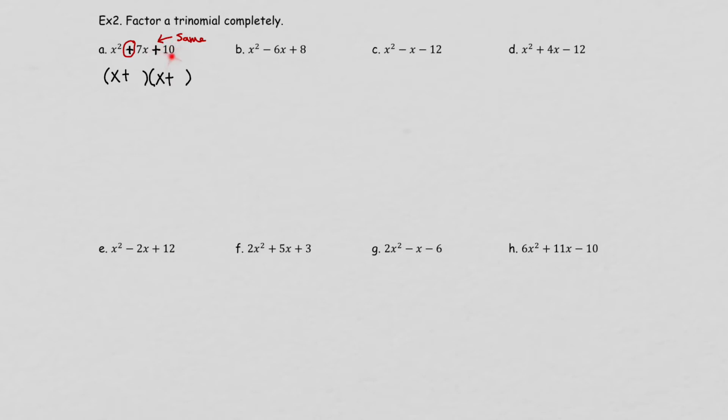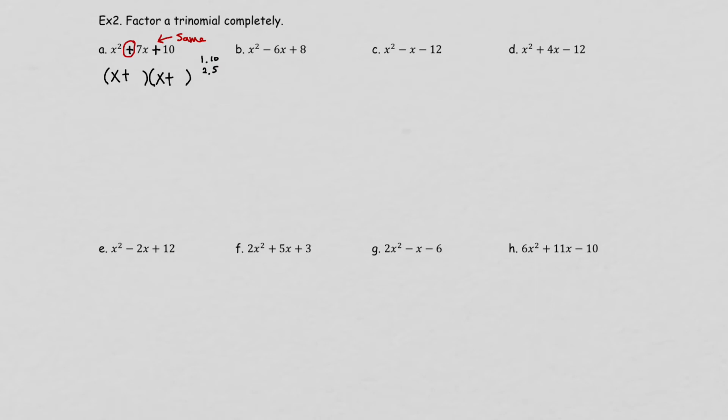The factors of 10 that add up to 7 will be the numbers that you're going to write here. Because you have the same sign, it doesn't matter which number you put where, it will still be the same factors. So let me write the factors of 10. That's going to be 1 times 10 or 2 times 5. Only two options there.